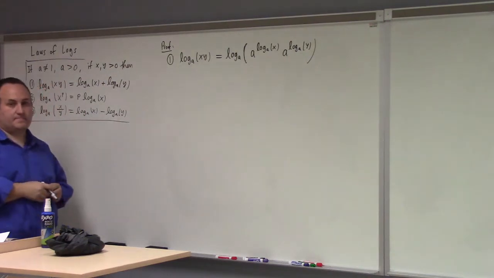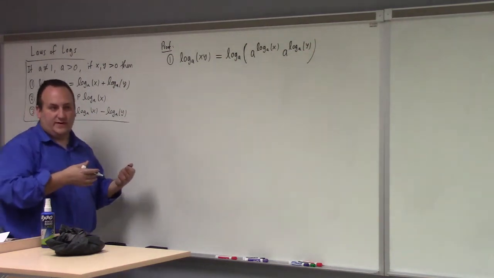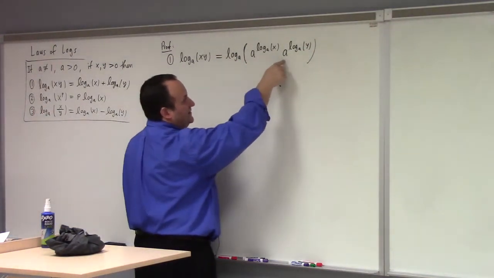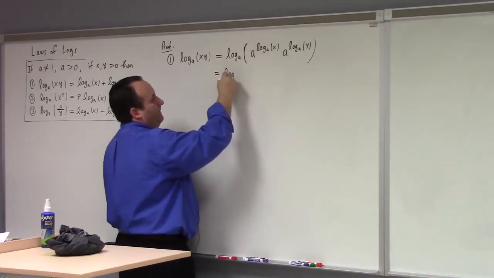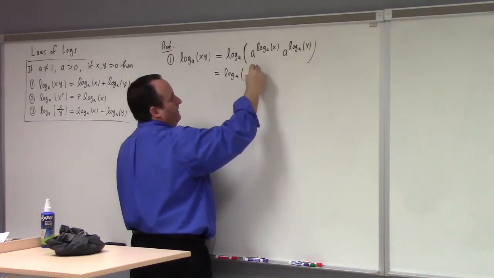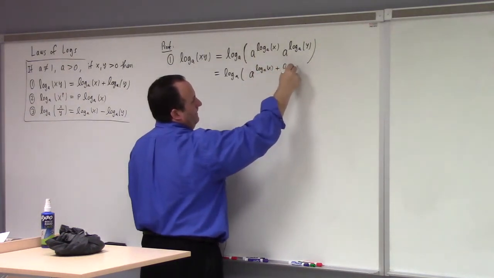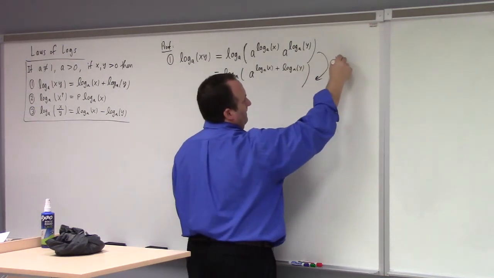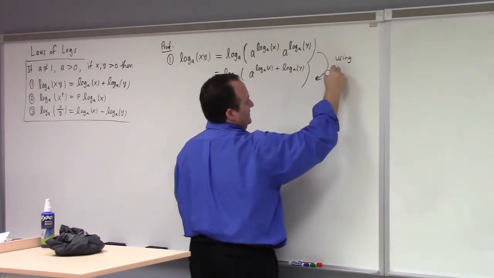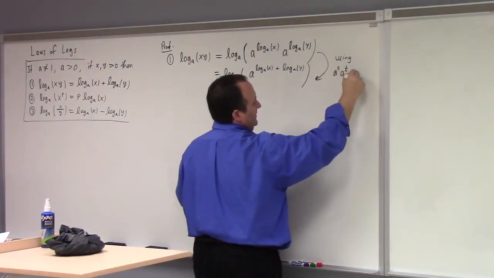All right? And then now I've got, I can use the law of exponents, right? So like if I have a to something times a to the something else, I just add the exponents, right? So this is, using a to the s times a to the t equals a to the s plus t, right?